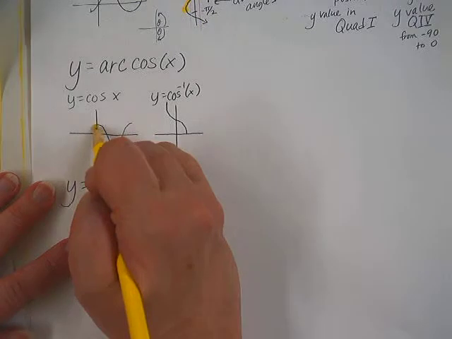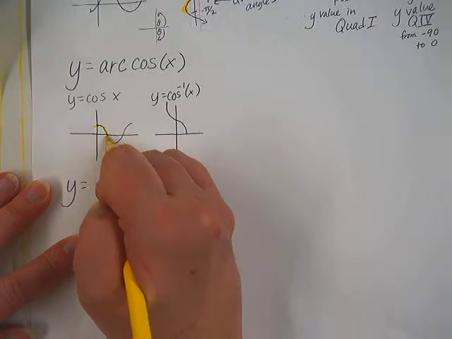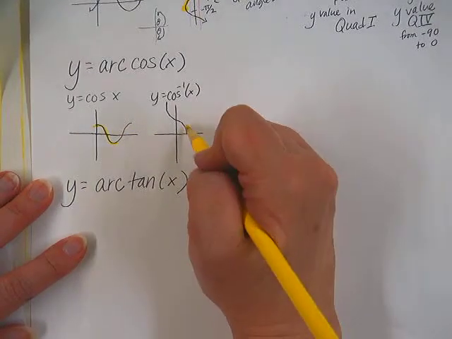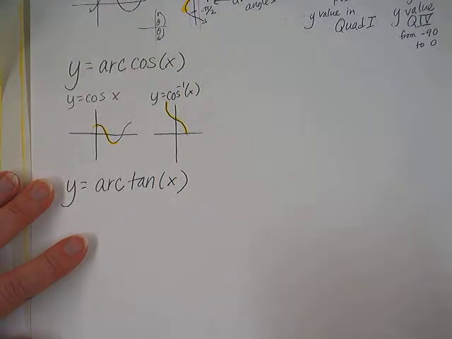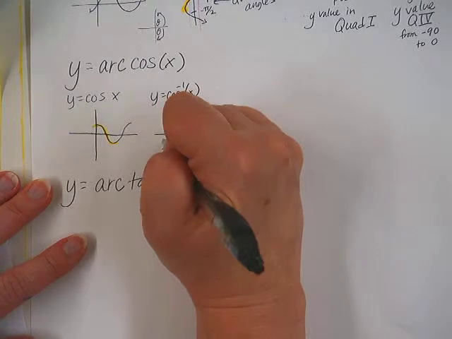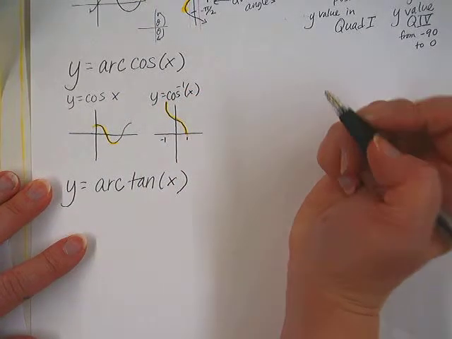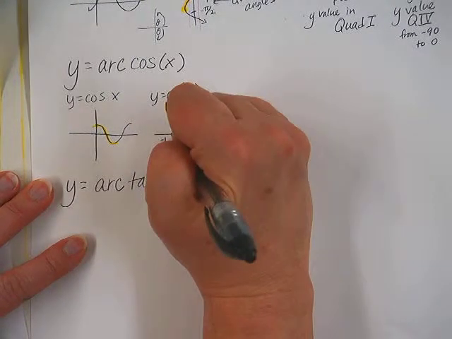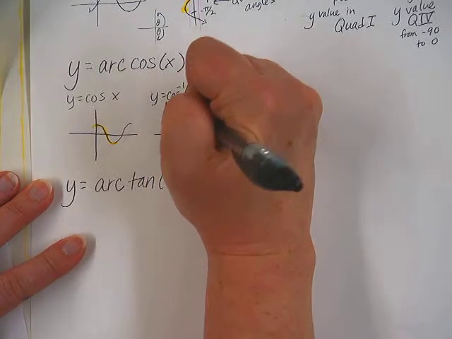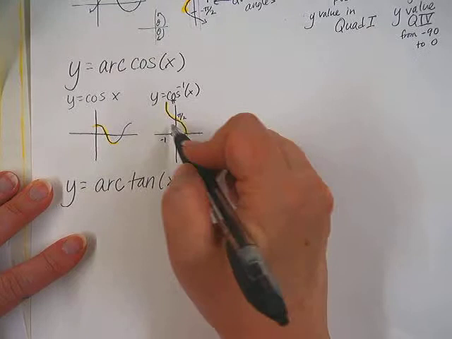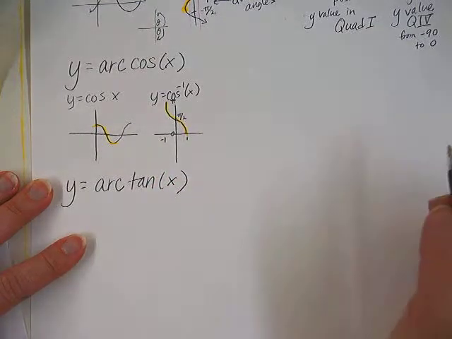So in this picture, it's from there to there, and then when we trade x and y, it's this direction instead. Okay. So again, this is 1 and -1 for our x value. And then for our y value, we're at 0 here, and pi halves here for the positive values, and pi from pi halves to pi for the negative values.